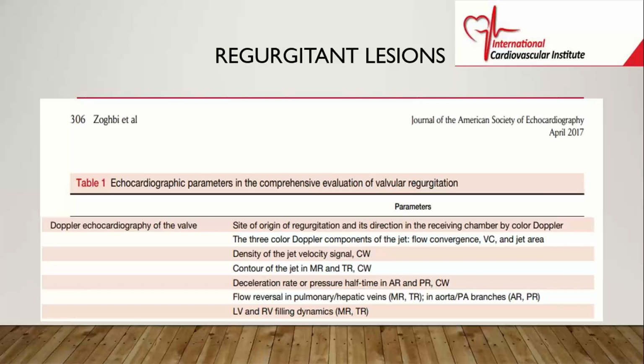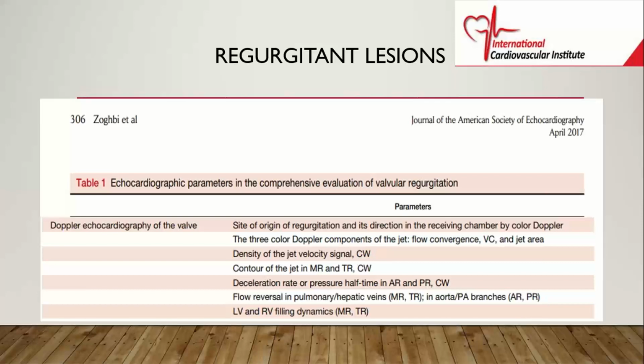Then the density of the jet using continuous wave Doppler, especially in your MR, your AI and your TR. So the density of the jet, the contour of the jet.